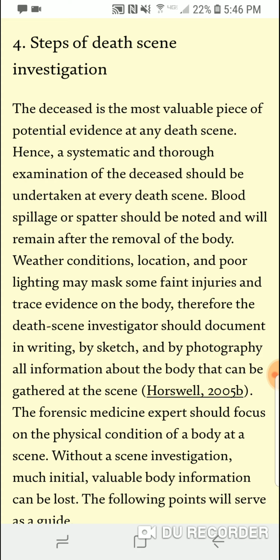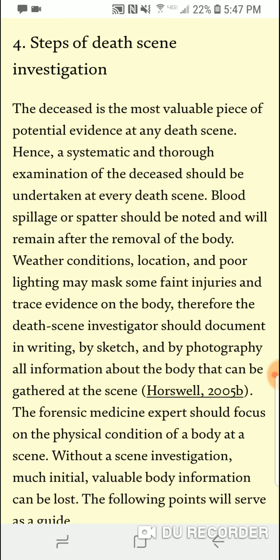The deceased is the most valuable piece of potential evidence at any death scene. Hence, a systematic and thorough examination of the deceased should be undertaken at every death scene. Blood spillage or spatter should be noted and will remain after the removal of the body. Weather conditions, location, and poor lighting may mask some faint injuries and trace evidence on the body.